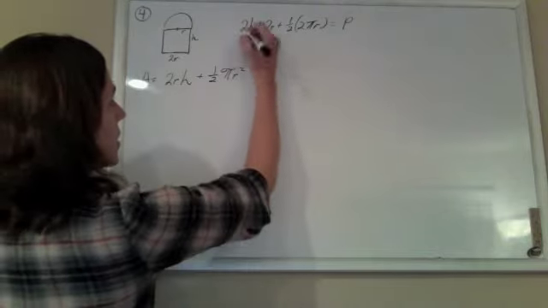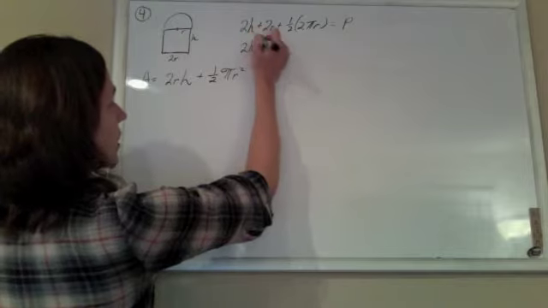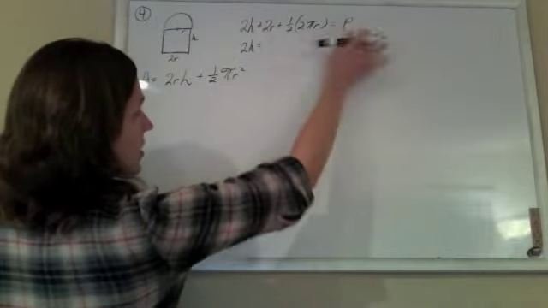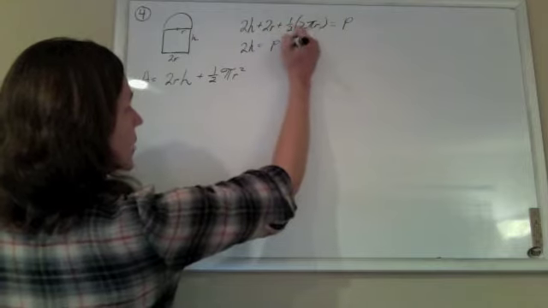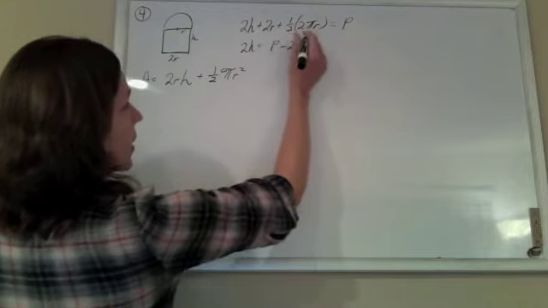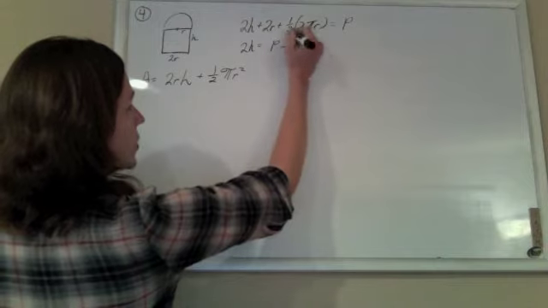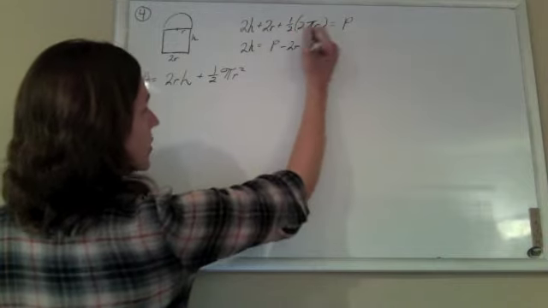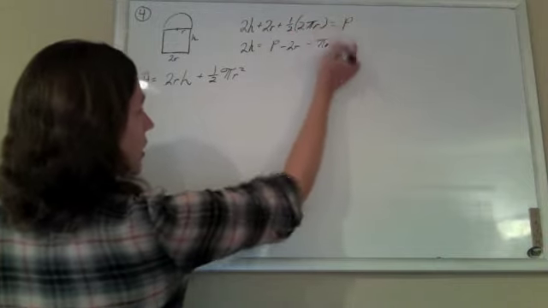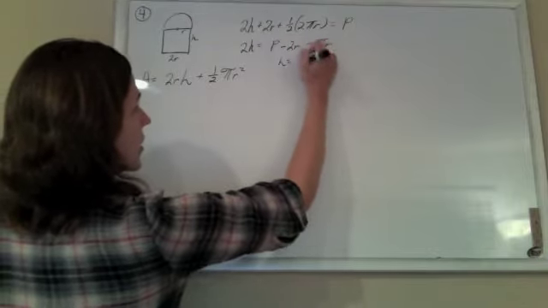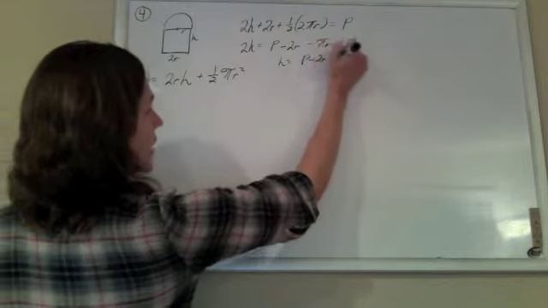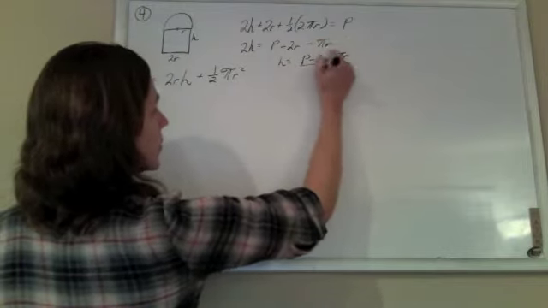So I'm going to solve for h. 2h is going to be, just toss everything else on the other side. So there's a p already over there. I'm going to subtract over a 2r, and the 1/2 and the 2 will cancel, so I'll just subtract over a pi r. And so then h is just this whole thing divided by 2.